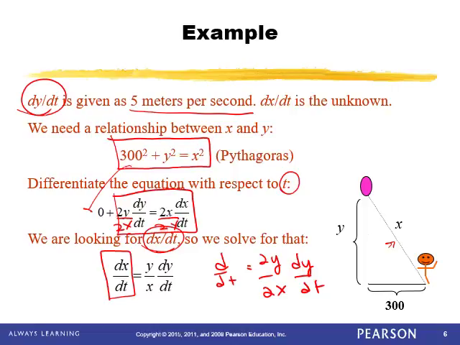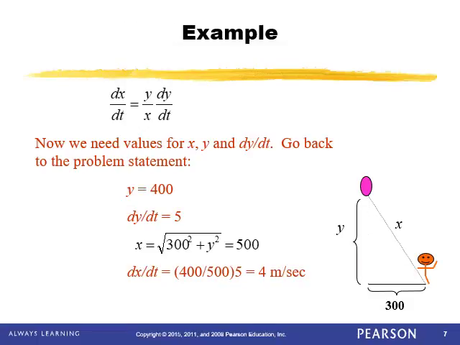And of course those 2's cancel out and we're just left with y over x times dy/dt. Now we need the values for x, y, and dy/dt. We know that y is 400 from our previous information.